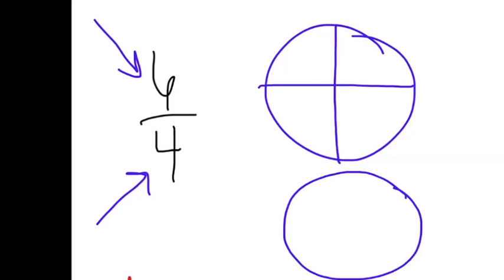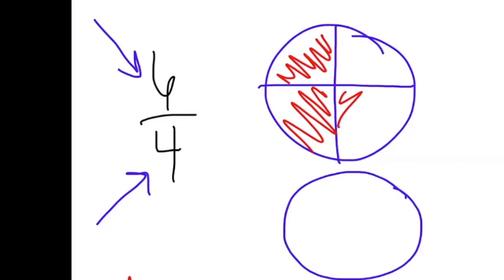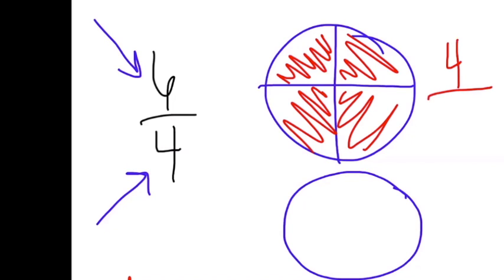So you're telling me, right, if I have this one up here and I shade all of them, here's 1, here's 2, here's 3, and here's 4. How much did I shade in that first diagram, Josh? 4. For what? For like parts.